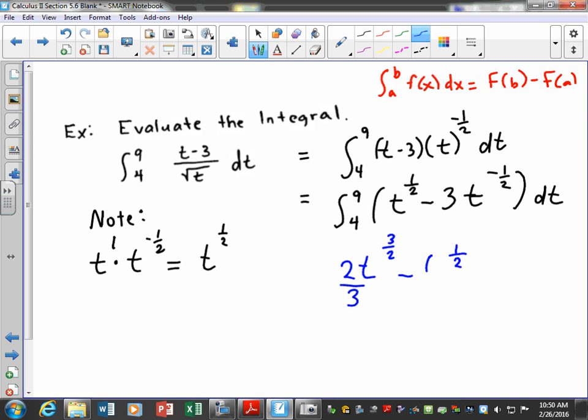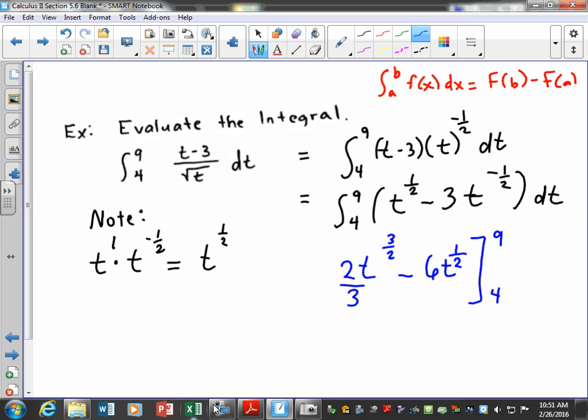So that's 3 times 2, which would be 6 t to the 1/2. And that's going to be evaluated from our limits, the upper limit of 9 and the lower limit of 4.